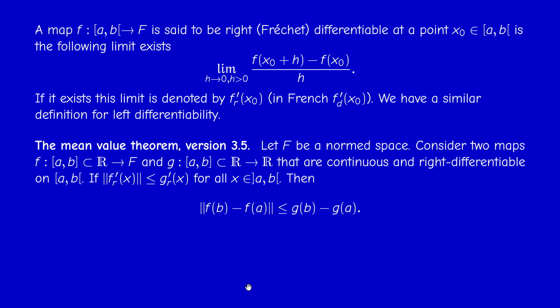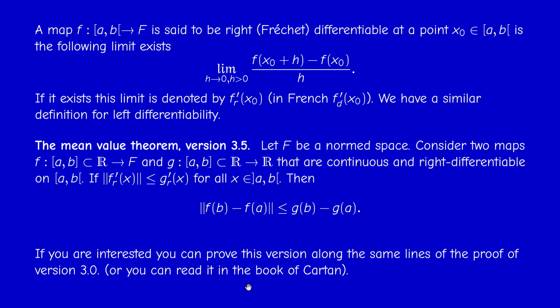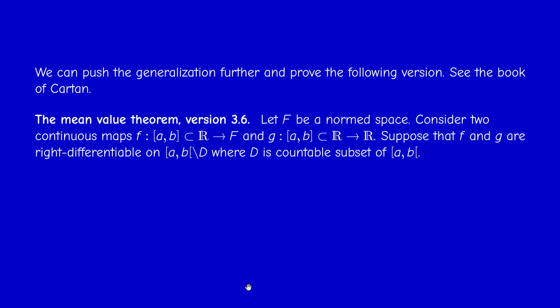And we can still push further. We don't need to assume right differentiability everywhere. It's enough to assume right differentiability except at a countable set. This will be the last theorem. The proof, of course, you can find it in the book of Cartan. So this is the last version.